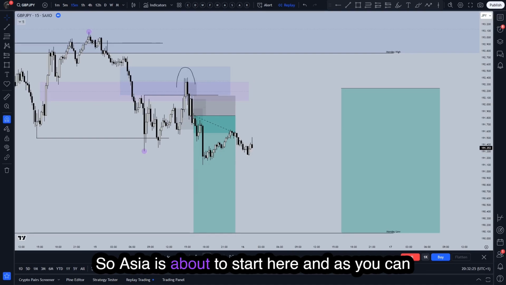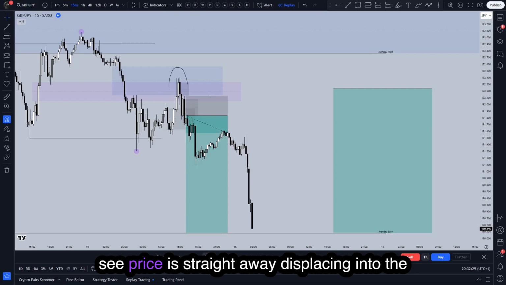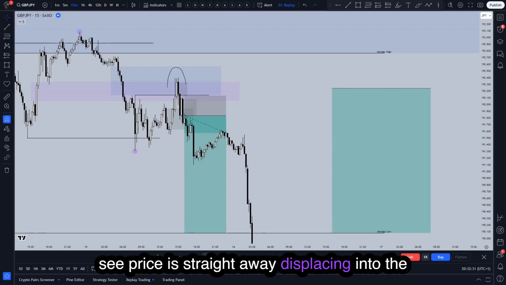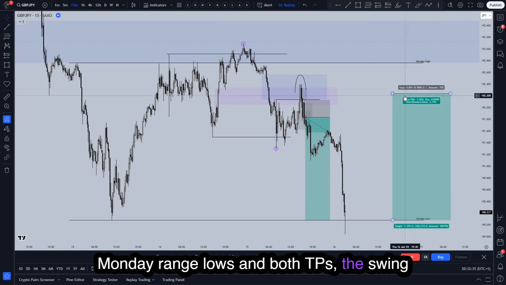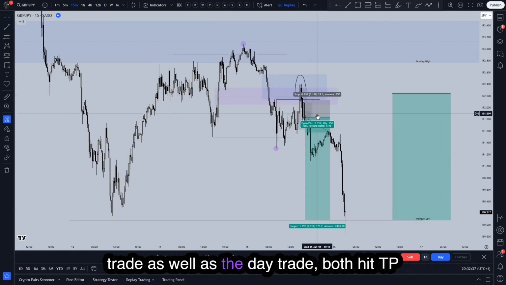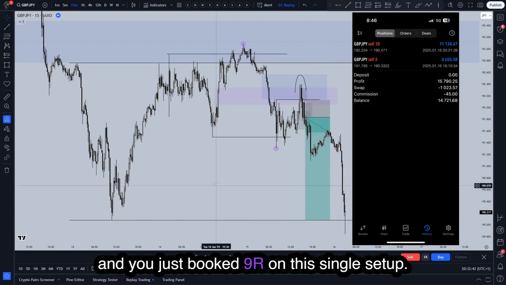So Asia is about to start here. And as you can see, price is straight away displacing into the Monday range lows, and both TPs, the swing trade as well as the day trade, both hit TP, and you just booked 9R on this single setup.